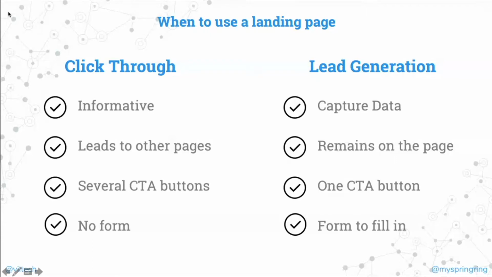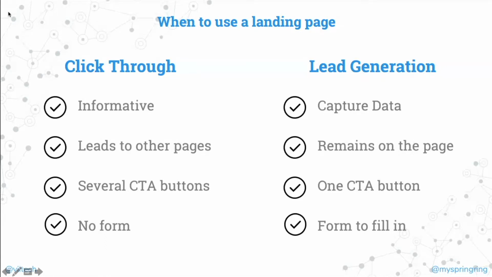Now, there are two main types when it comes to landing pages. You have a click-through landing page and a lead generation landing page. We'll show you some examples of these, but a click-through landing page mainly has a lot more information than a lead gen.